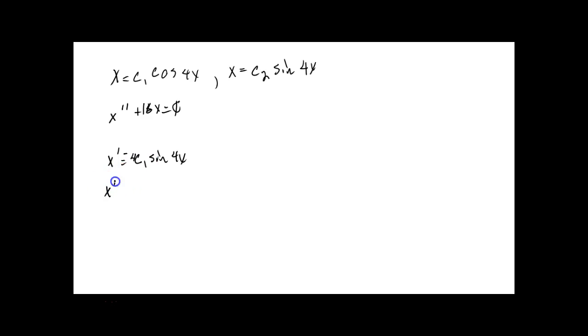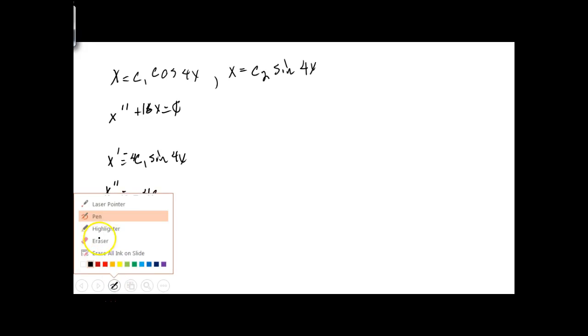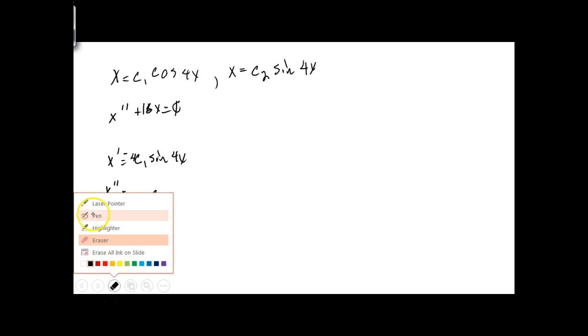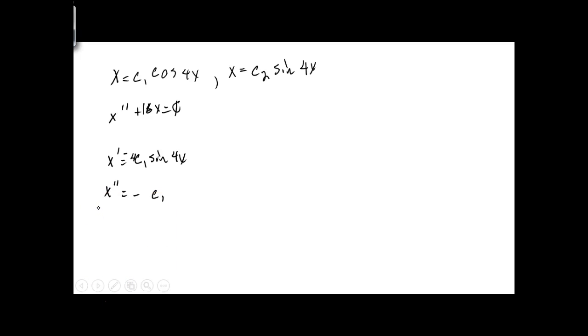Now x double prime would then be the negative 4c1 still there. Keep in mind there's a 4 there. The derivative of sine is cosine 4x, but then you have another 4 to chain rule it through. So you had a 4 before times another 4 is 16.